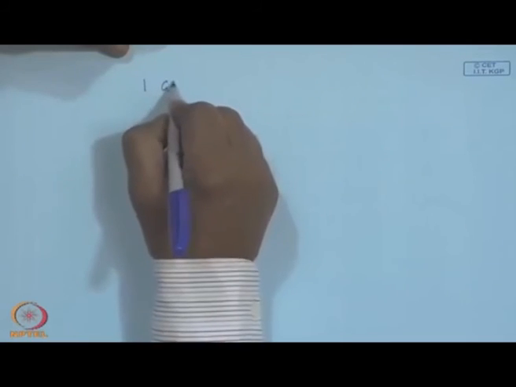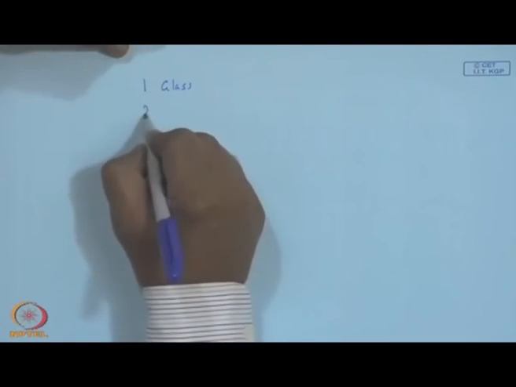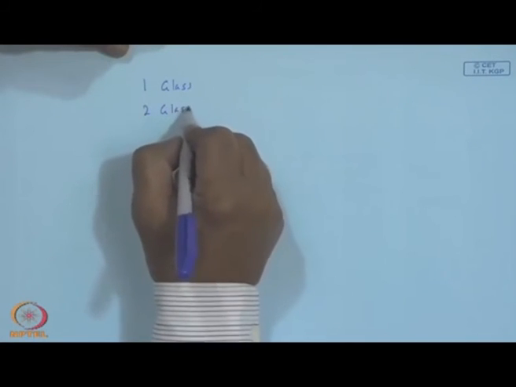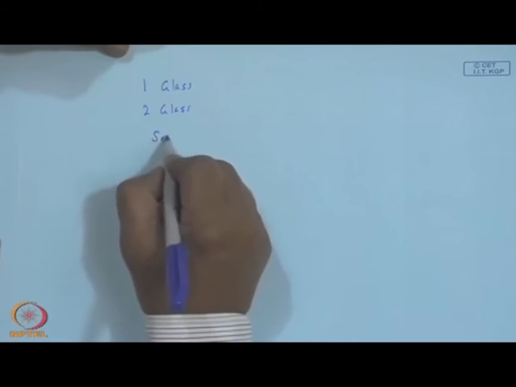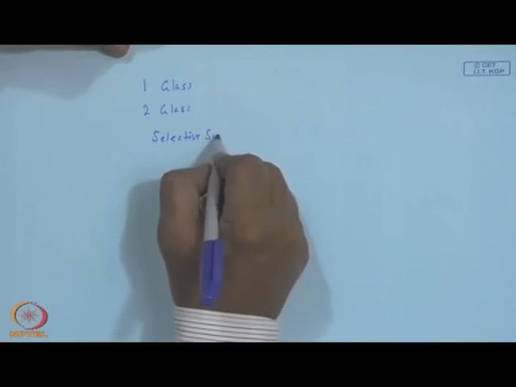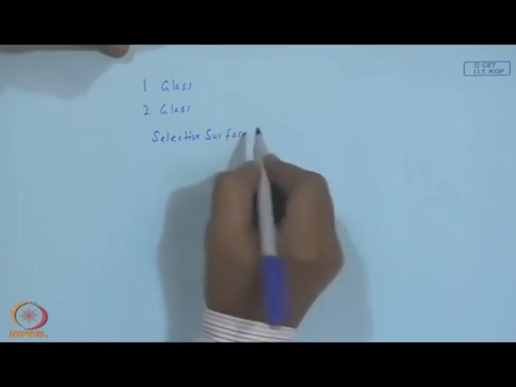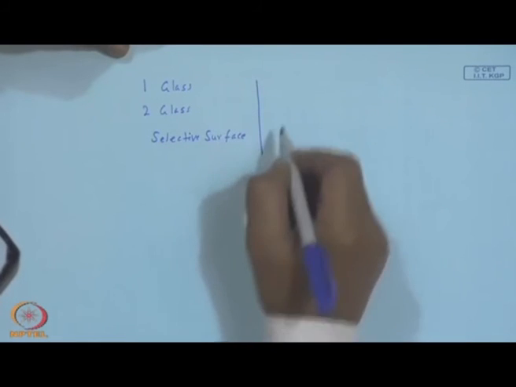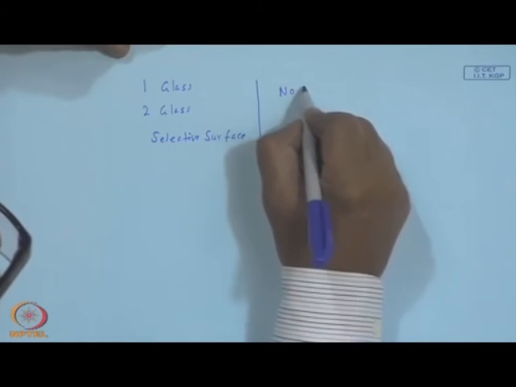So, in short, it is not just a question of efficiency. We choose one glass, two glass, or a selective surface, and in fact, you will be surprised, even no glass cover.